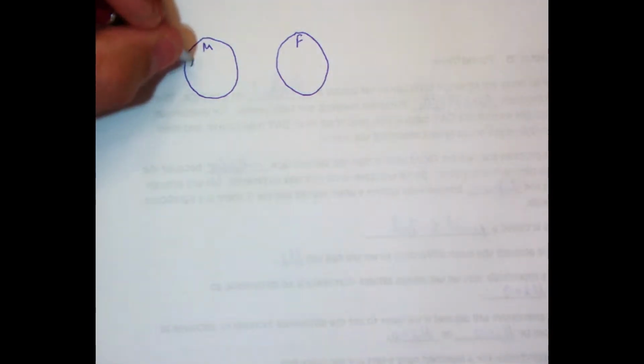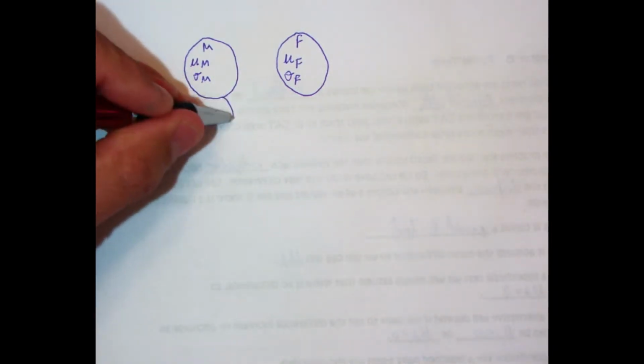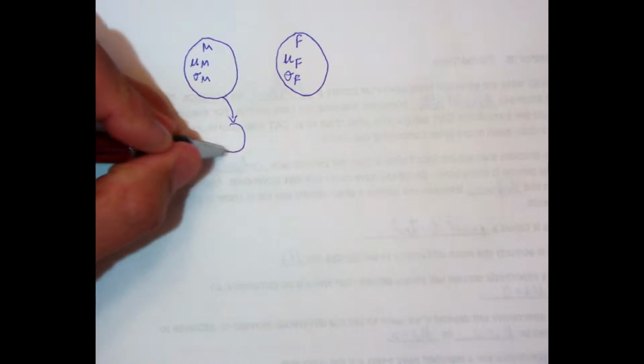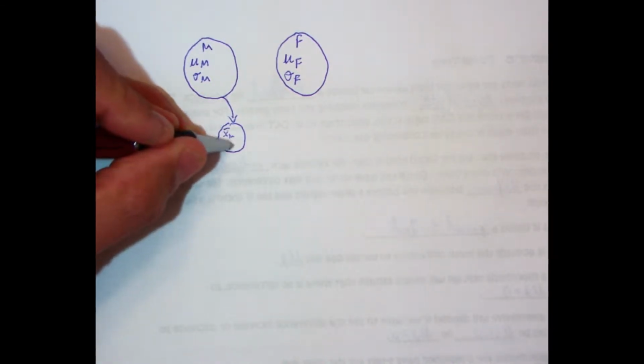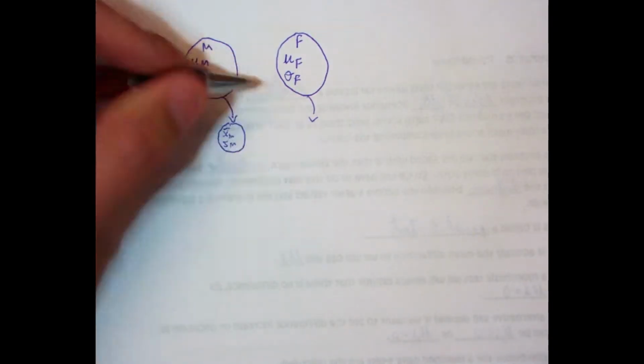So, last chapter, we looked at two separate populations. Let's say we're looking at the math for males and females. There was a mean math score for SATs for males and a standard deviation for males, and a mean math score for females and a standard deviation for females. Then we took a sample from each of these populations, and we got an X bar and a standard deviation for the sample from both of these.